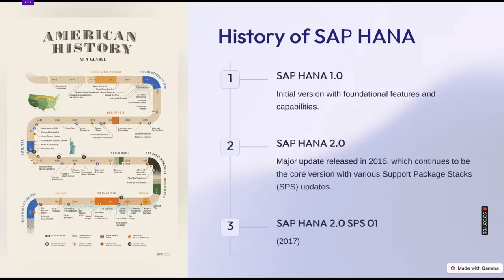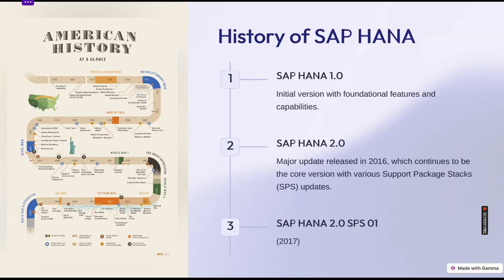So now we will talk about the history of SAP HANA. The first version of SAP HANA is called SAP HANA 1.0. Due to some inconsistency and some shortcomings, 2.0 was introduced, and the first version of 2.0 was introduced in 2017. HANA 2.0 was released in 2016, and its various support packages were also released.